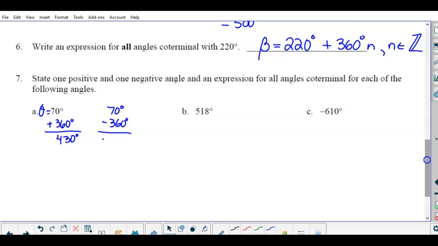You get negative 290. So I've got one positive, one negative. Whenever we show our general statement, we like to use the smallest positive angle as your starting value, and then you're adding multiples of 360.